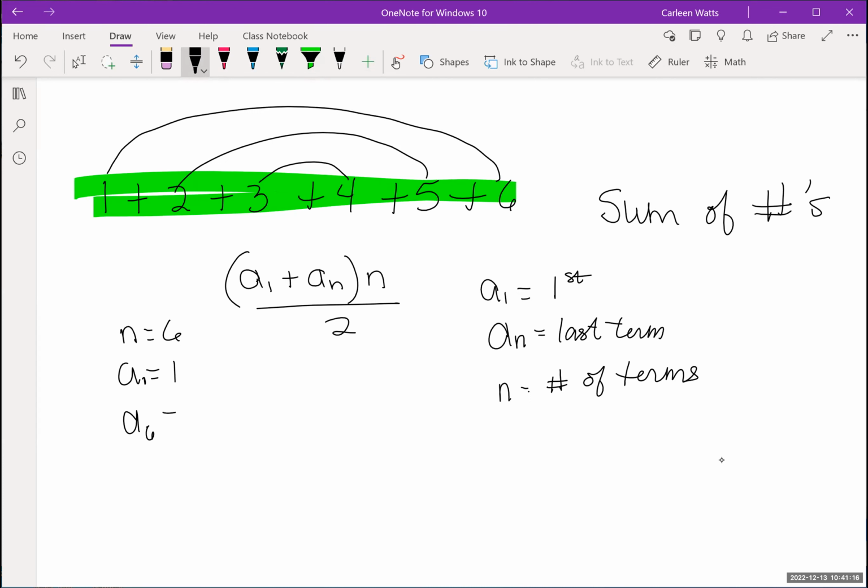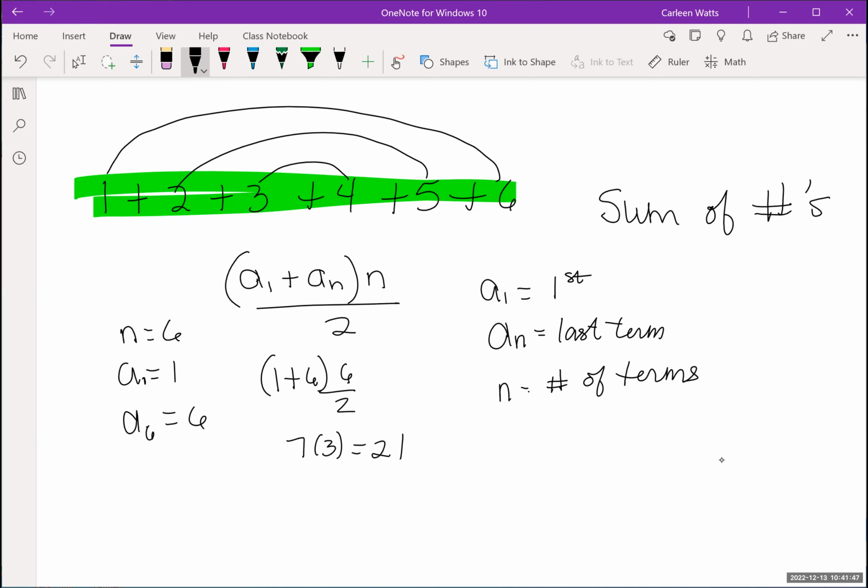A sub 6 is 6. Okay, let's plug it into the formula. 1 plus 6 times 6 divided by 2 is 7 times 3 equals 21.